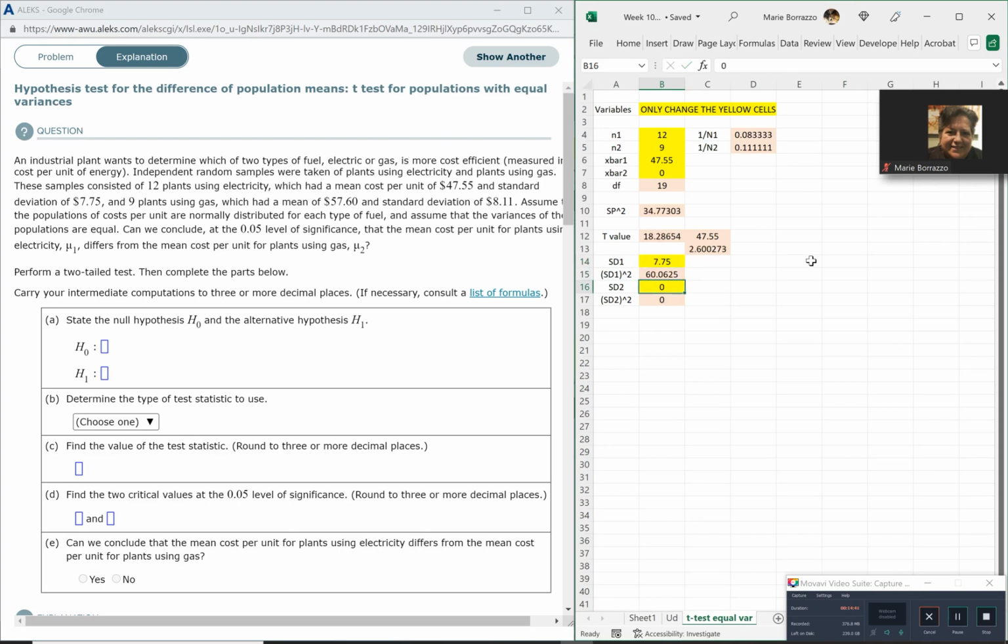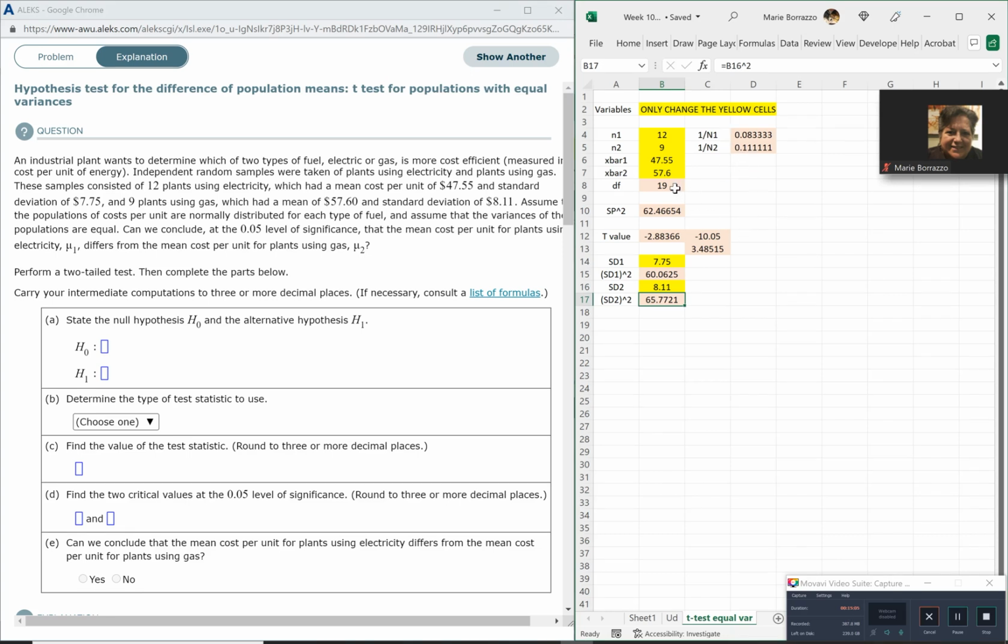And according to this, you have a mean of 57.60, so go back to your X bar, 57.60, with a standard deviation of 8.11. And so there are all of your values. Everything is calculated. This is all of the calculations you'll need.